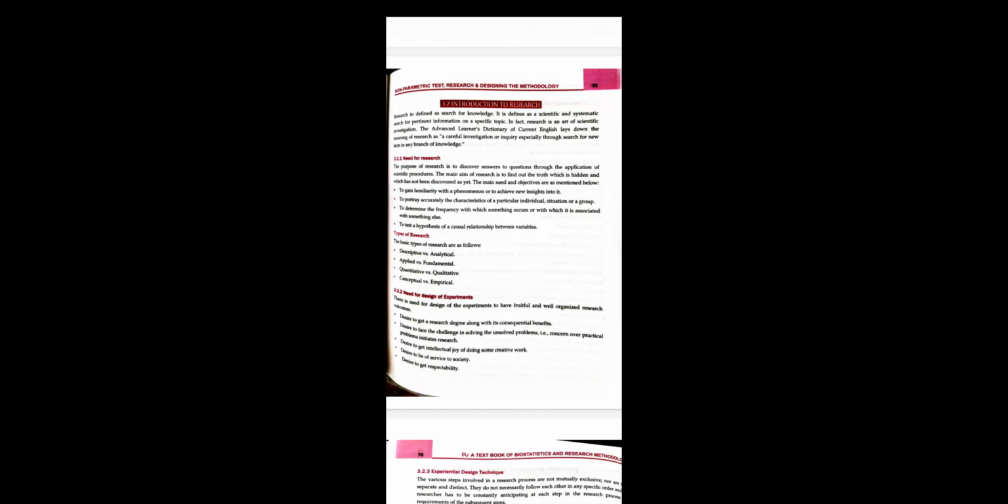There is a need for design of experiment, to have fruitful and well organized research outcomes. Suppose we want to do any new design of experiments, that should provide fruitful and well organized research outcomes. All of these become well organized new research outcomes.